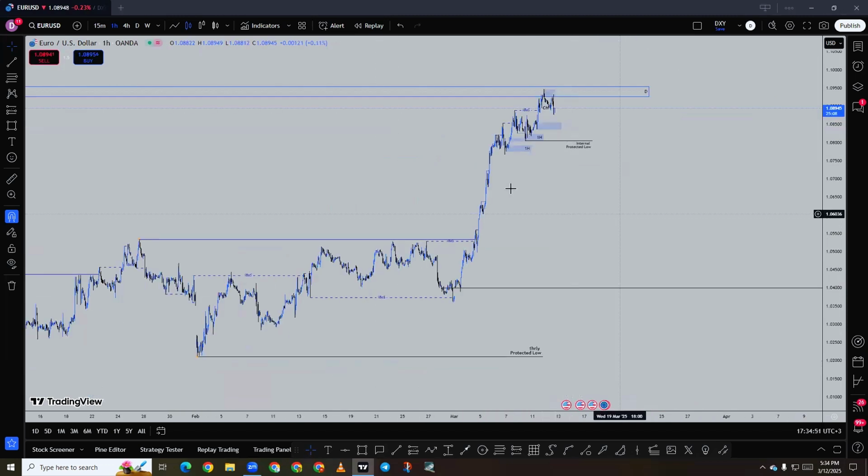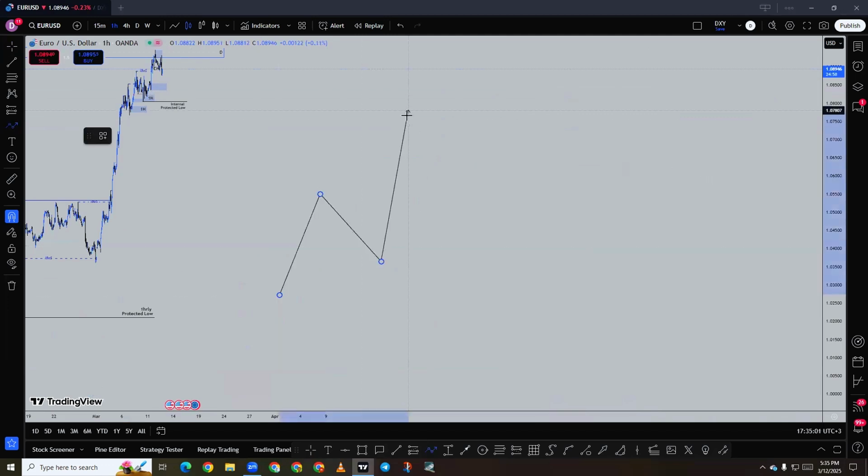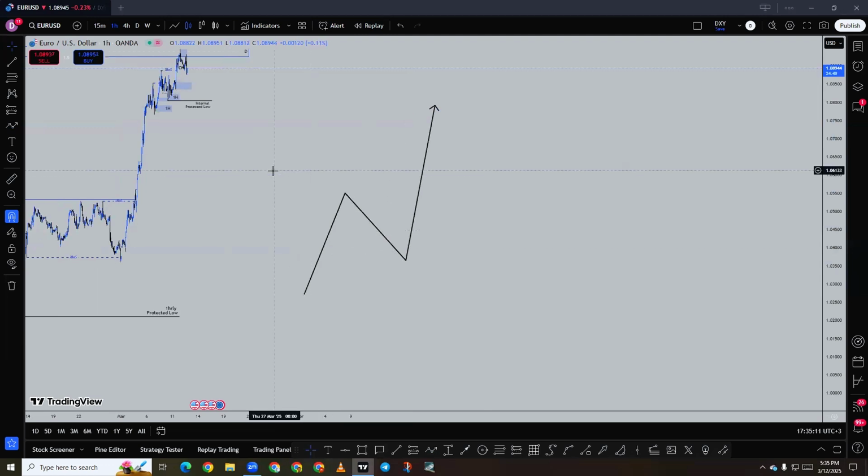Because remember what I told you. Just imagine this to be the swing structure. And we've broken to the upside. We need to mitigate that.